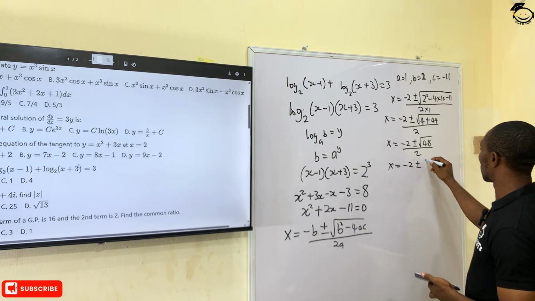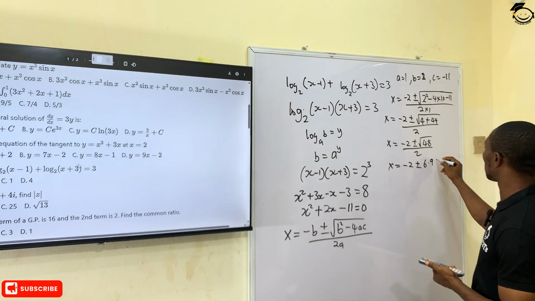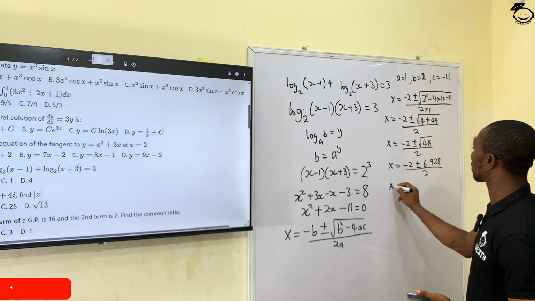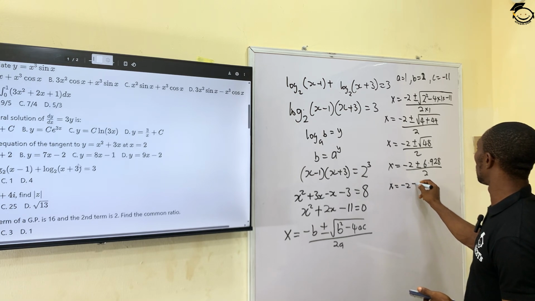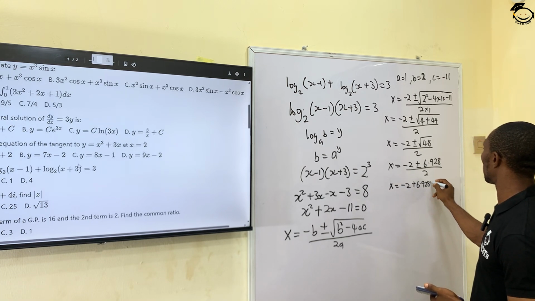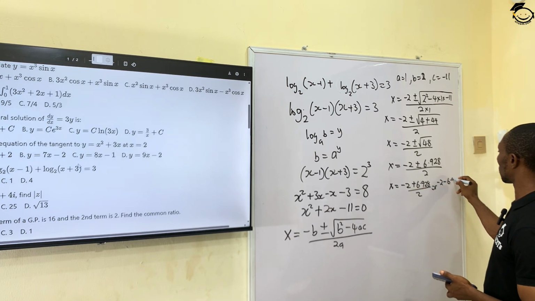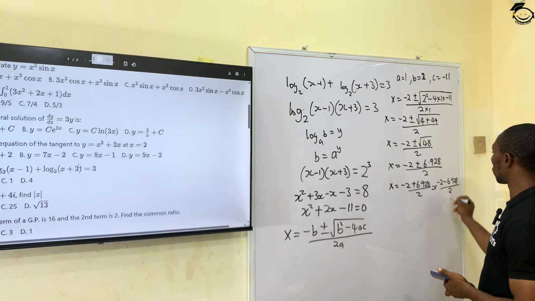This will give us 6.928 all over 2. So x equals minus 2 plus 6.928 over 2, or minus 2 minus 6.928 over 2.